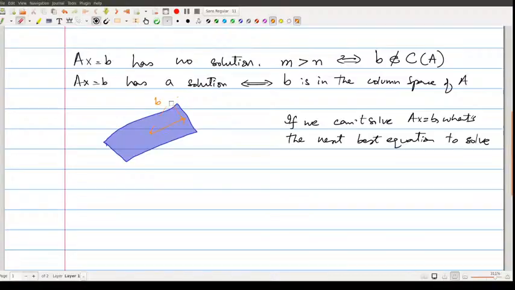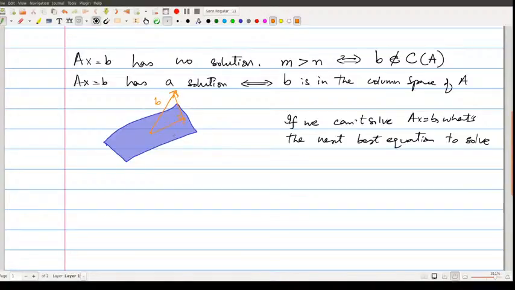Nope, I really am terrible at this. Okay, this is the best I can do, apparently. The idea is that I've broken this vector b into two vectors. This part of it lies within the column space, and the remaining part is perpendicular.